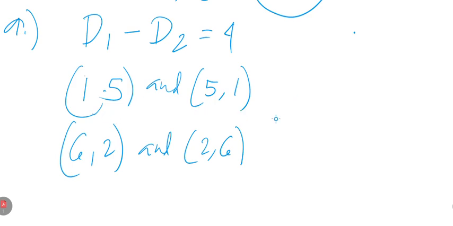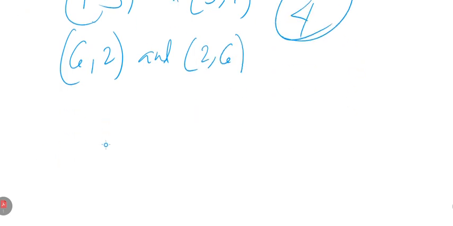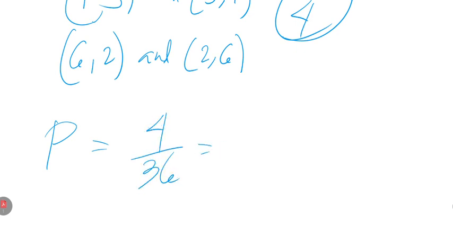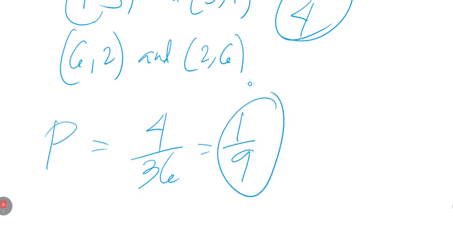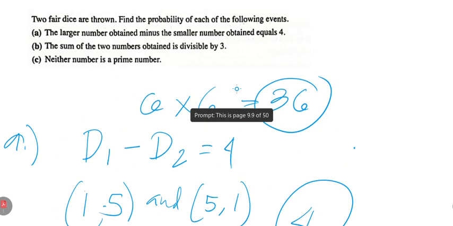To count them, there are 4 of them. So the probability is 4 out of 36, and dividing both sides by 4, that's 1 out of 9. So that's the solution for letter A.